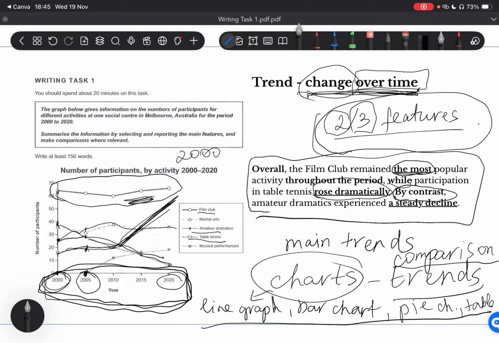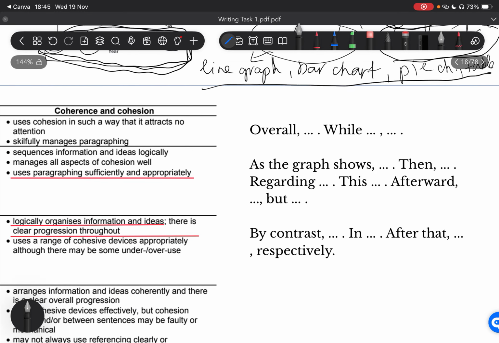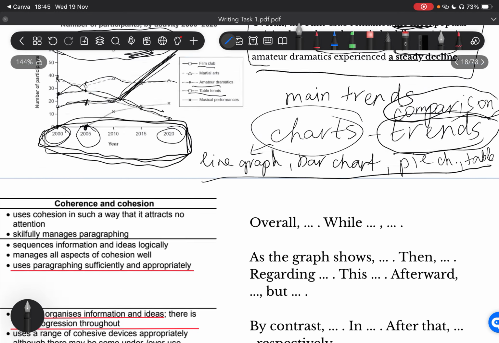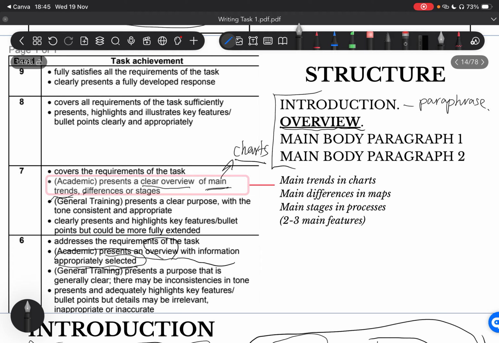Try to write 2 or 3 features, write about the main trends, compare relevant ones. Okay, so here we have also main differences, stages for processes.